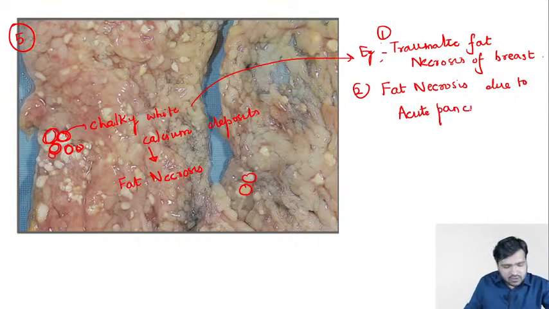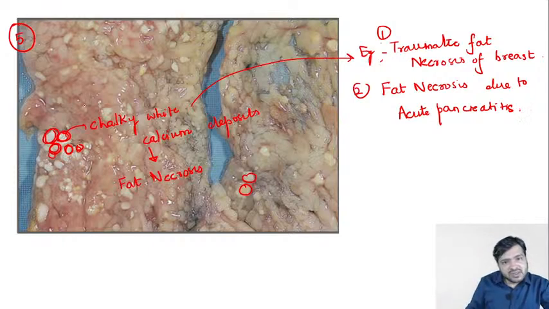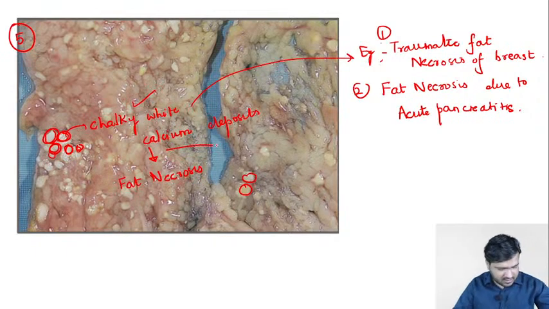So these are both the relevant examples. In traumatic fat necrosis of breast or fat necrosis due to acute pancreatitis, you will appreciate the chalky white calcium deposits.